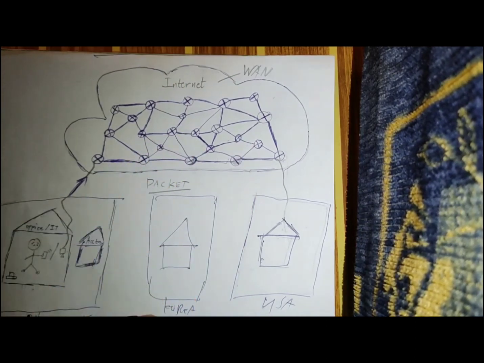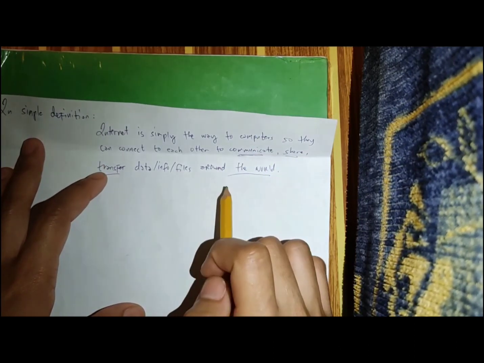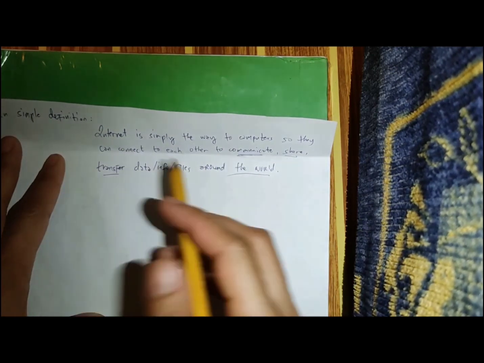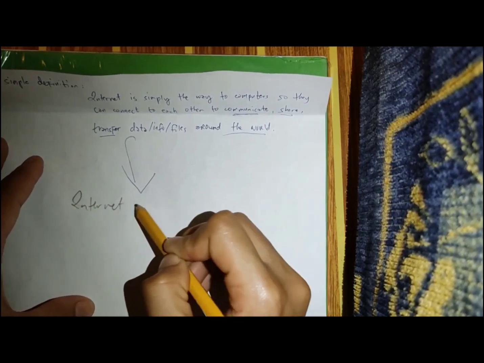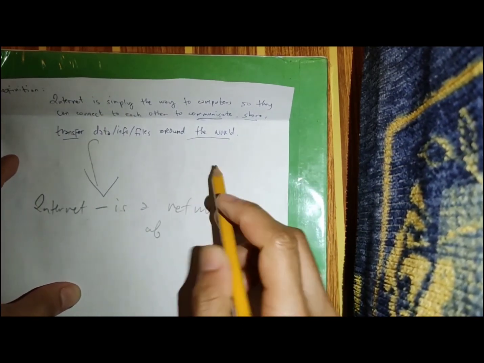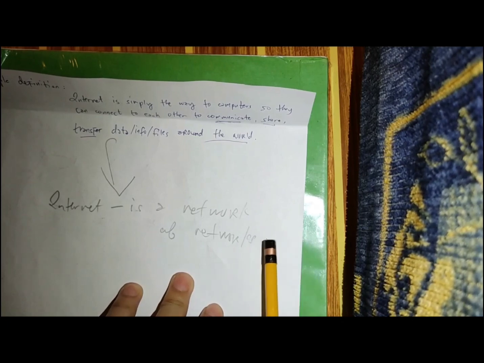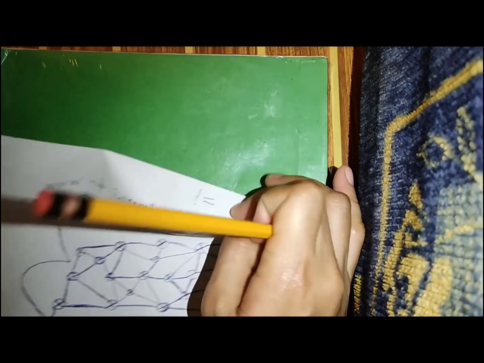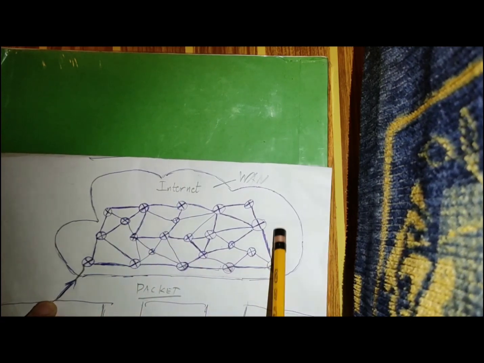Simple as that. You understand the concept behind this. So the internet is a network of networks.